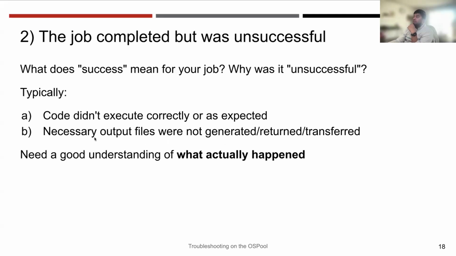Typically, your code didn't execute correctly, or it doesn't match your expectations, or the output files that you expected your code to generate weren't generated, returned, or transferred. For debugging those types of issues, first you need to have a good understanding of what actually went wrong. And for that, we'll provide you some basic information and some tools that you can use to know more about what actually went wrong.